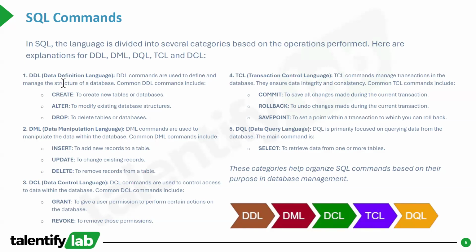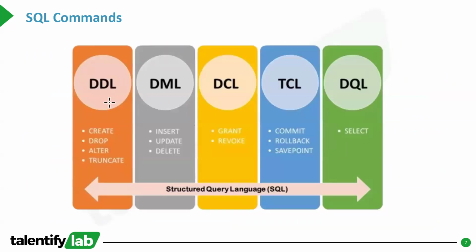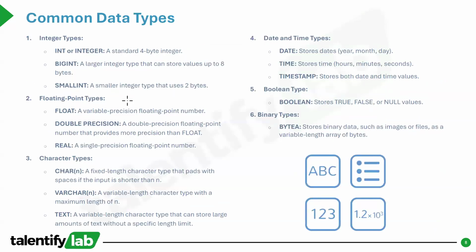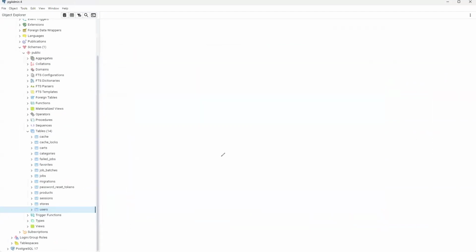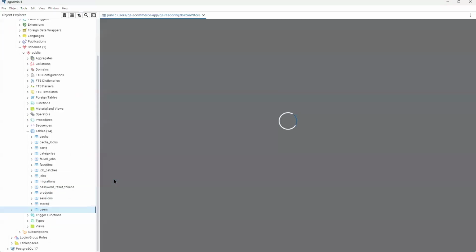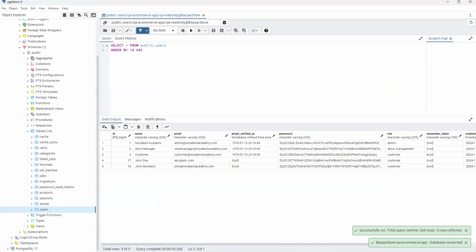Okay. Data definition means, dear friends, when you define the data, this is the data itself. Let me show you the users. Let us see. This is the data itself. You see this part.